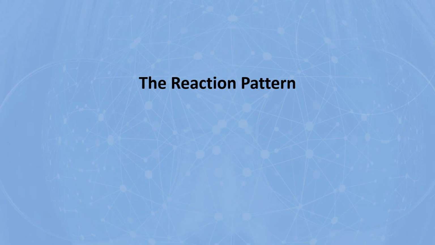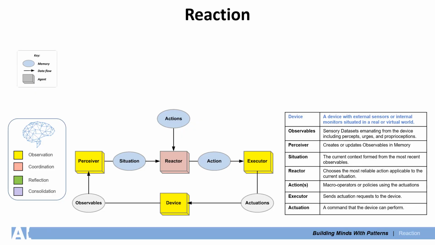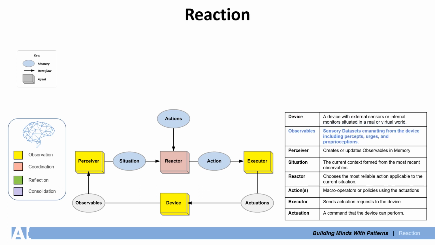What is the reaction pattern? Reaction is the ability to respond reflexively to one's environment. The reaction pattern is a loop wherein reliable actions are triggered by observables. This pattern is useful when immediate responses to observables are needed. The device, with its external sensors and internal monitors, is situated in a real or virtual world.